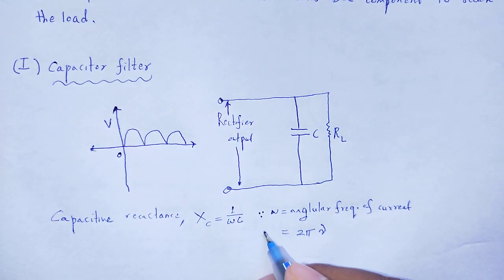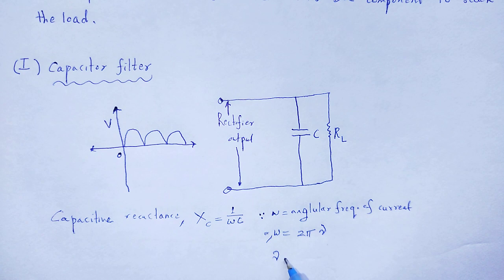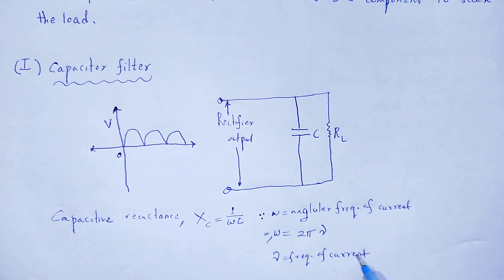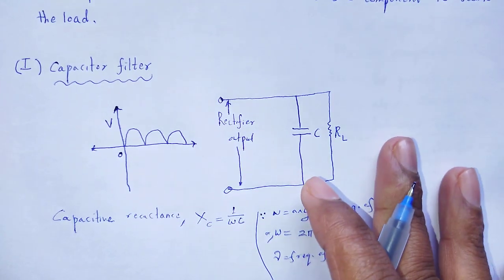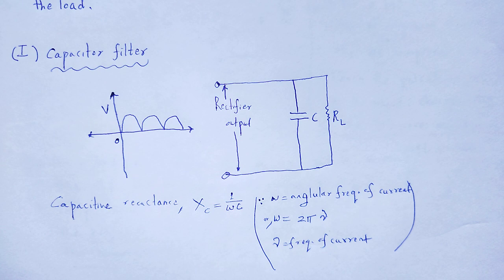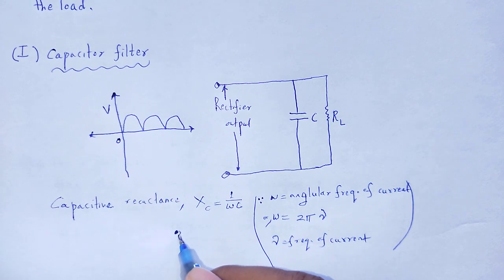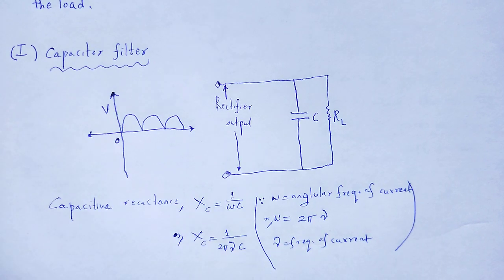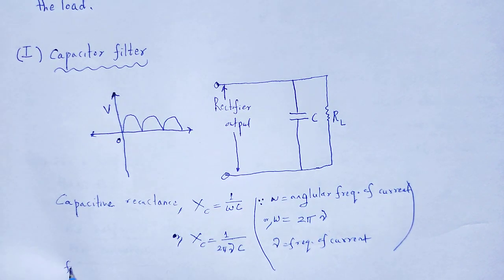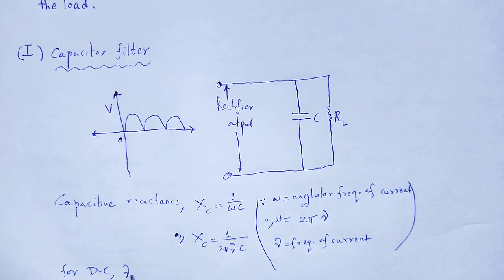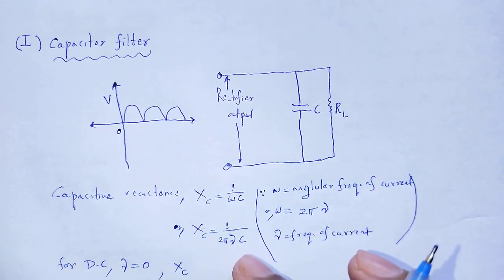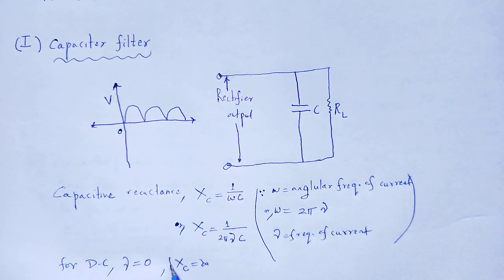So Xc is 1 by 2 pi nu C. For DC, frequency is 0, therefore Xc is 1 by 0, which means infinity.